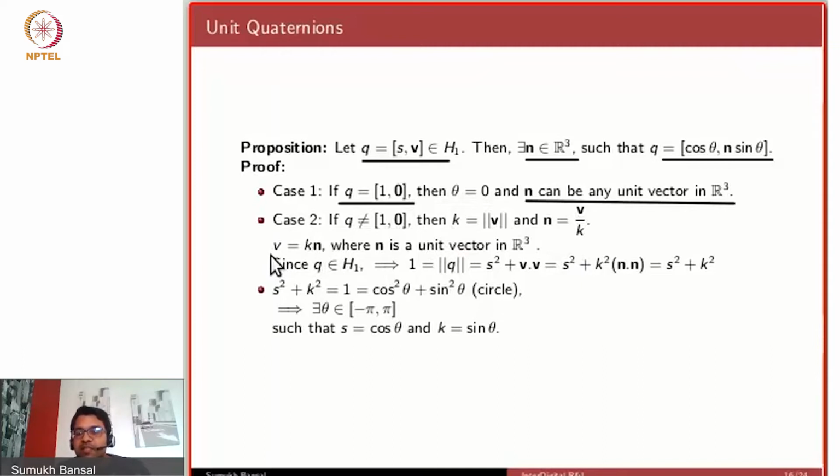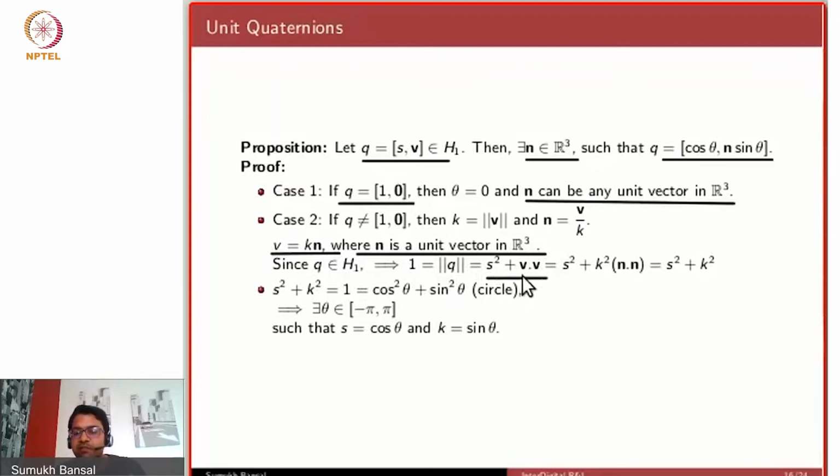So we can represent v as k times n, and it's easy to verify that n is a unit vector. Now, since Q is a unit quaternion, its norm is equal to 1. If you substitute the value of the norm from the basic definition, we end up with 1 equal to s squared plus v dot v.